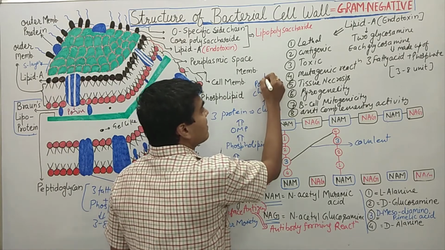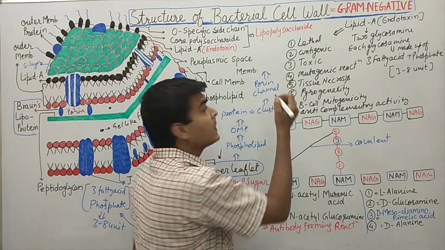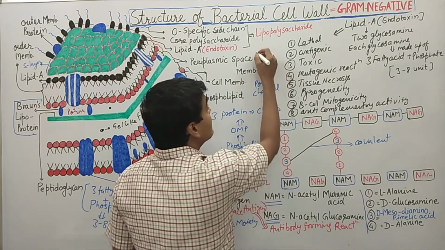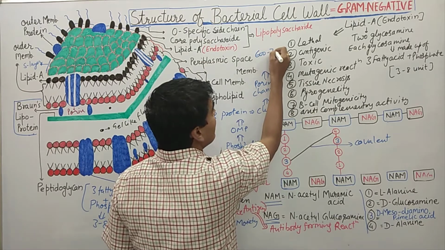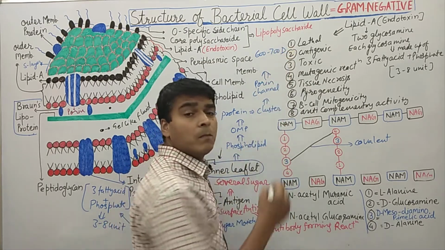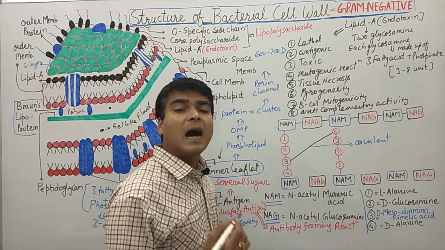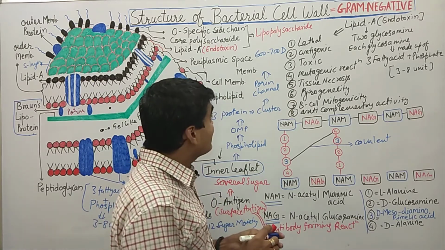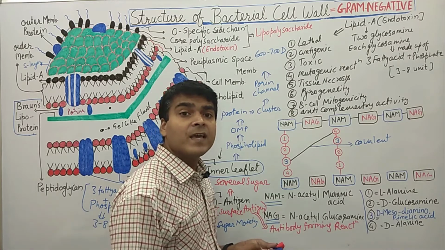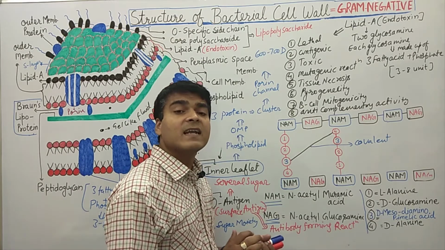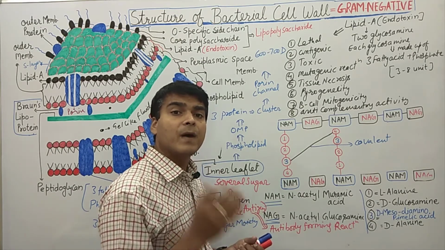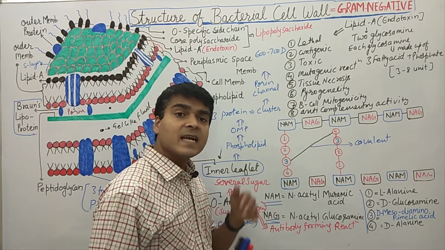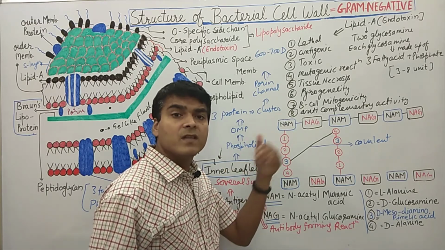This Porin channel allows compounds of 600 to 700 Dalton molecular weight to pass through the cell wall, from inside and from outside, both ways.